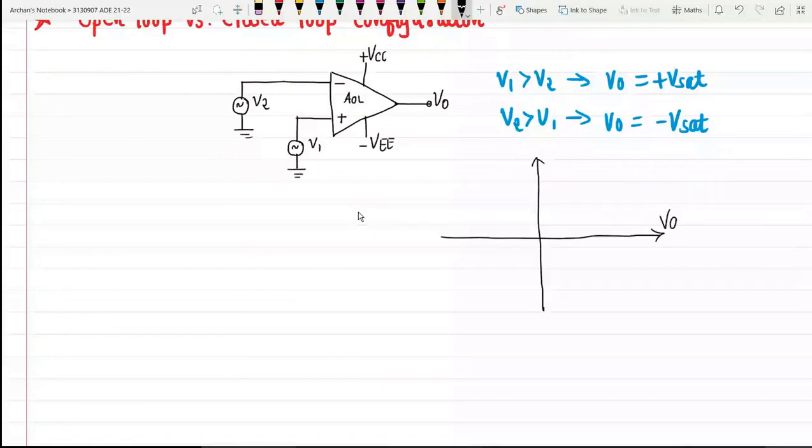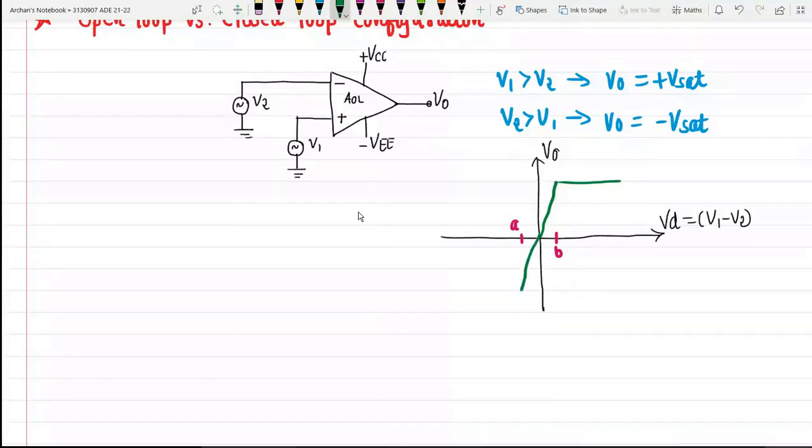If I consider a very small range of input voltage, say A and B, within this limit only the output will increase linearly with respect to the input. This is the linear range. After that, the output voltage saturates between the two values, negative Vsat and positive Vsat. So this is the linear range of operation.